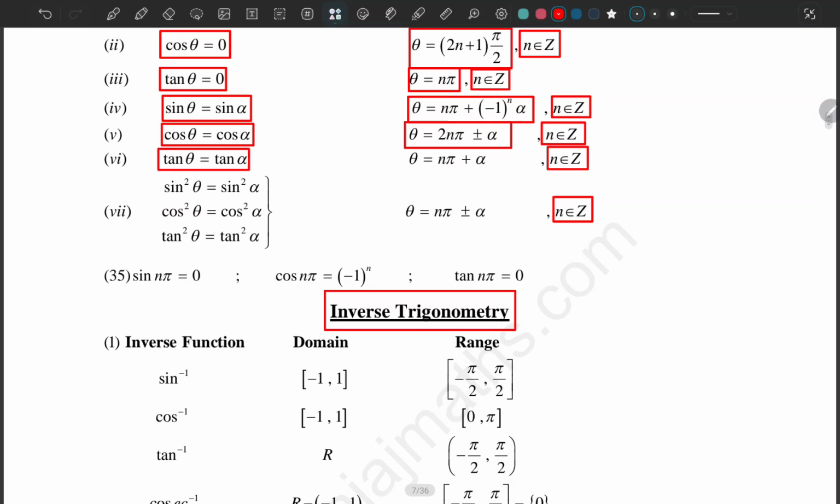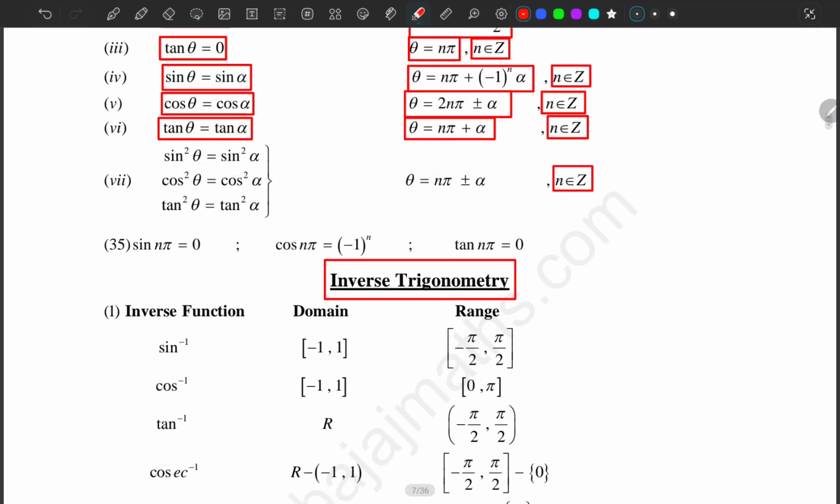And tangent theta equals tangent alpha, then okay, relax, just forget what I said. Tan theta equals tan alpha gives theta equals n pi plus alpha, that's it.